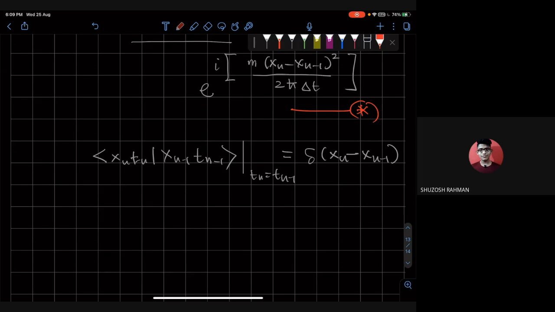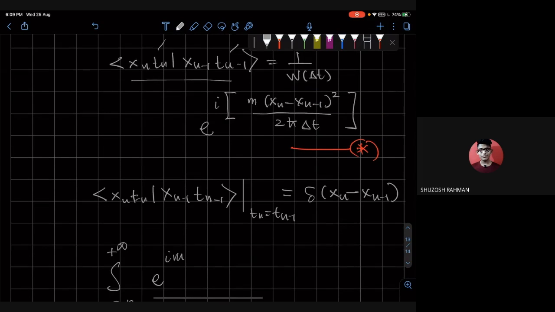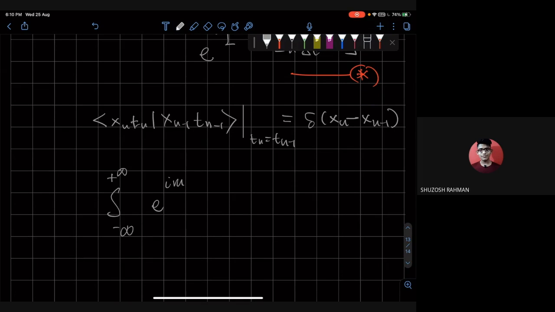So we just need to do a delta function integral. The delta function integral is from minus infinity to plus infinity, e to the power i m. So what we will do is replace this thing by a variable, say psi squared divided by 2 h bar lambda t delta t, d psi.